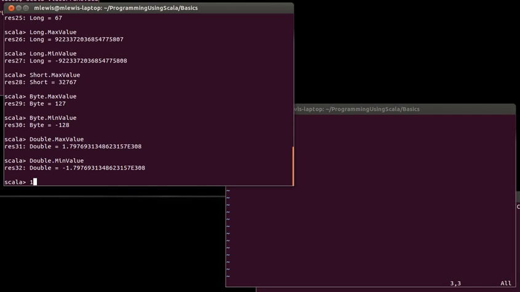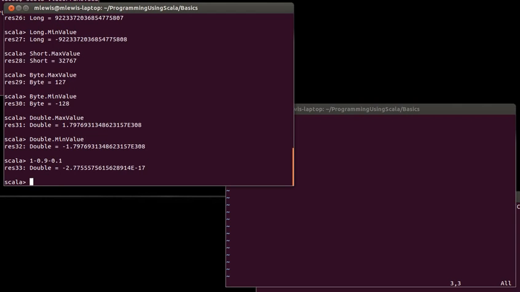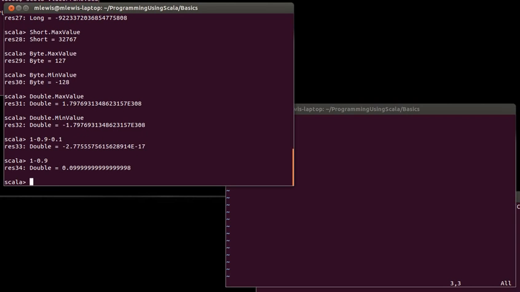For example, 1 minus 0.9 minus 0.1, you would normally expect that to be 0. But it's not, because it turns out that 1 minus 0.9 gives you something that's not exactly equal to 0.1, because it's kind of like representing the fraction 1/3 in decimal. Well, that's equal to 0.3333333 repeating.